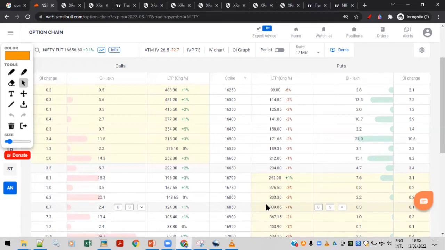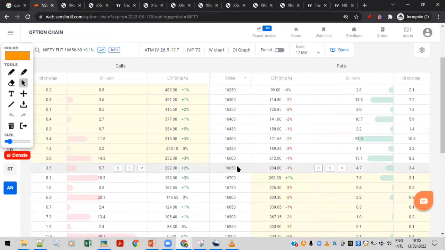At the money options are best for the expiry day. So if today is expiry, it's better to stick with 16,650 or 16,600 calls if I think the market is going upside. If the market is going downside, 16,700 to 16,650 are better options on the expiry day because they move rapidly. Whatever is at the money moves rapidly.